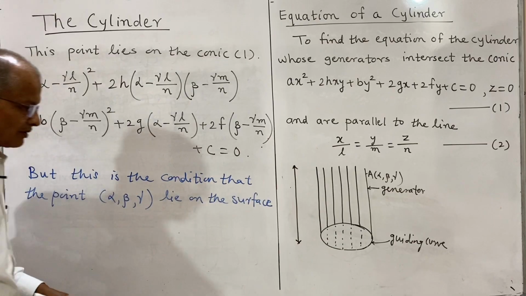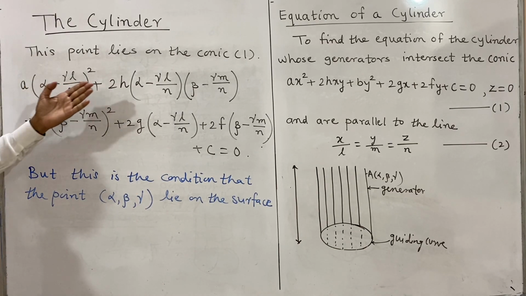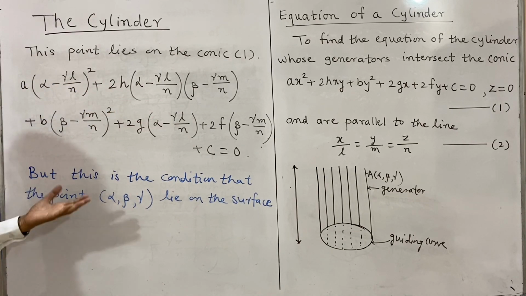Now what will be the equation of the surface? Just replace alpha, beta and gamma by x, y, z.